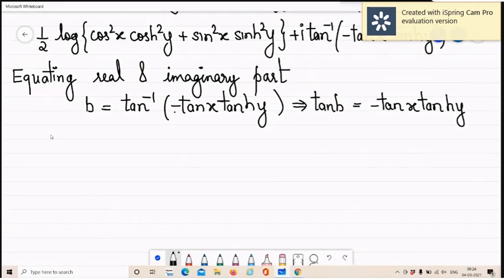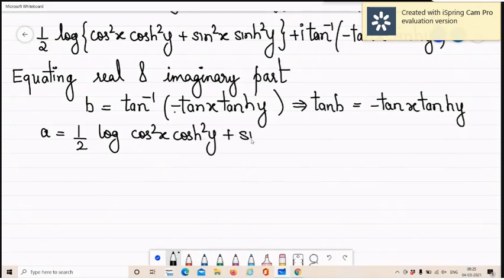Now I will equate the real part, that is a equal to half log of cos square x into cosh square y plus sin square x into sinh square y. Now tell me what I'm going to do. This 2 I'm going to write here, so I'll get 2a equal to log.